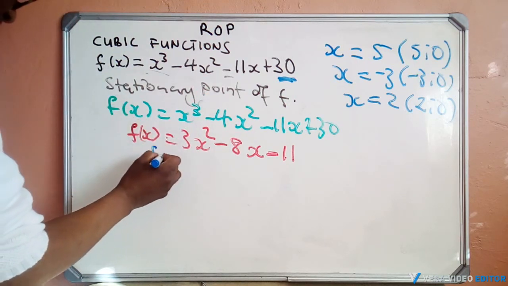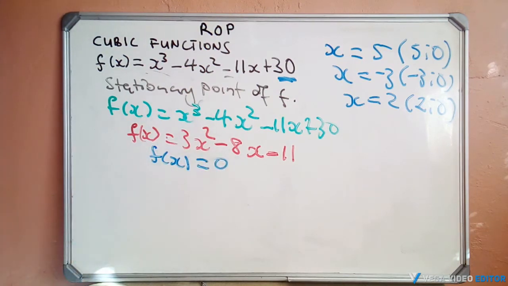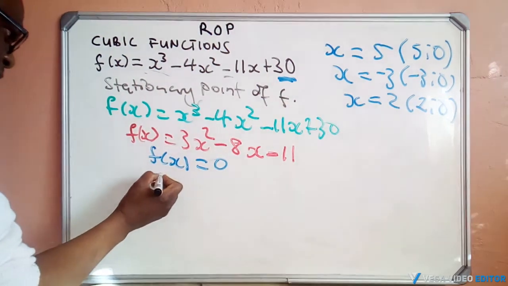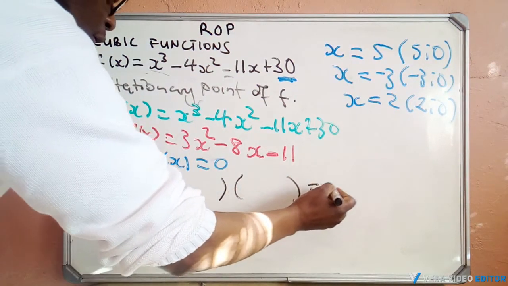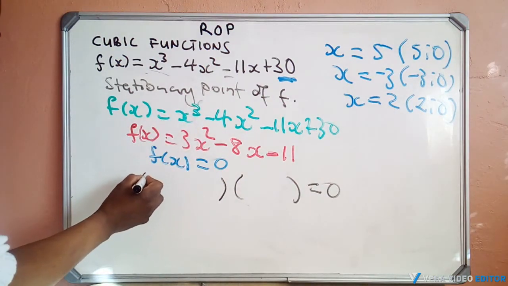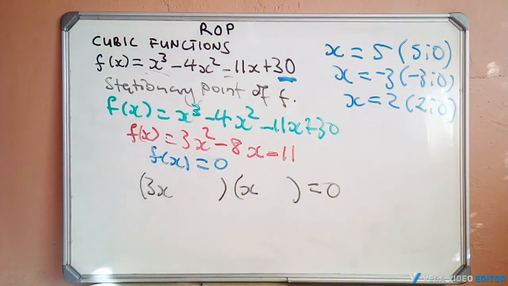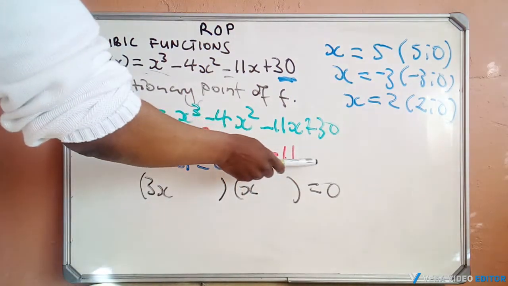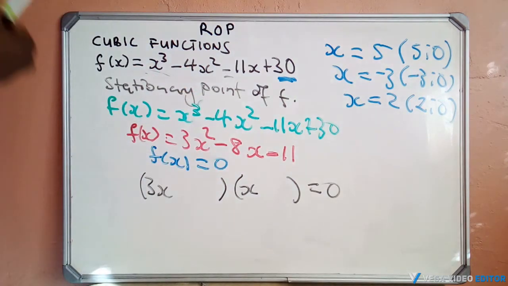If you are going to factorize this, remember again f'(x) equals 0. So factors of that will become 3x and x. And then we want to find factors of 11 that we can use there. We know that factors of 11 are only 11 and 1.